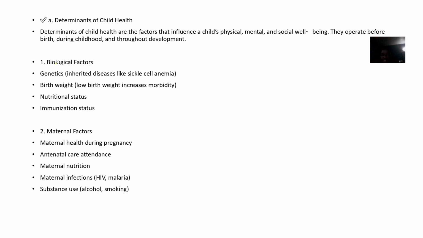So we have biological factors like the genetic makeup of the baby. Did the baby inherit one or two disease conditions from the parent? Then birth weight. Was the child born with a low birth weight? Because if a child is born with a low birth weight, there are a whole lot of complications, including a higher risk of dying. Their nutritional status, immunization status.